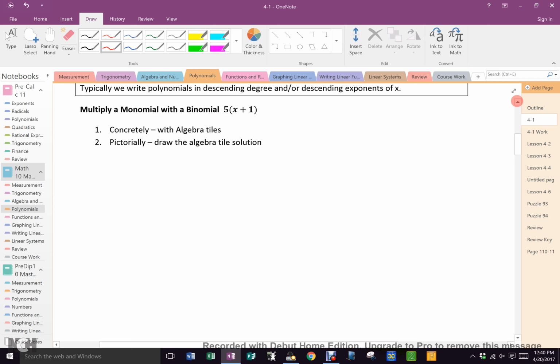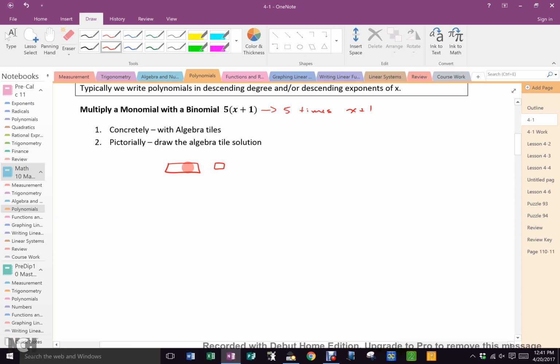All right. So, we've talked about it concretely. Now we're going to draw it. How do we draw it? We know that this is 5 times x plus 1. So how do we draw it? We draw x plus 1, x plus 1, right?